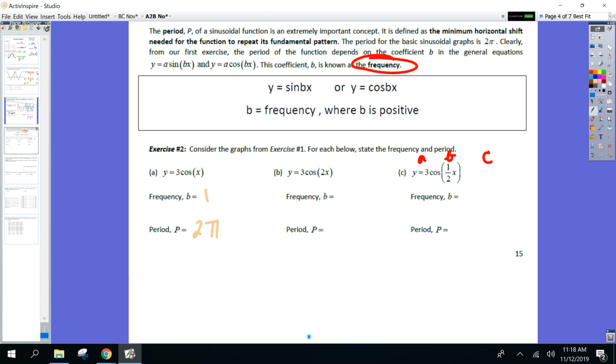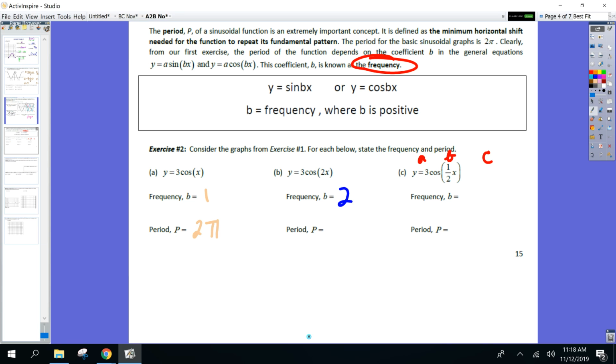Now we change things up. 3 cosine 2x. What was my frequency? What was my b value? We placed a 2 there, because we saw 2 curves. Now your answer is not 2 pi anymore. Period. Go back to your graph.